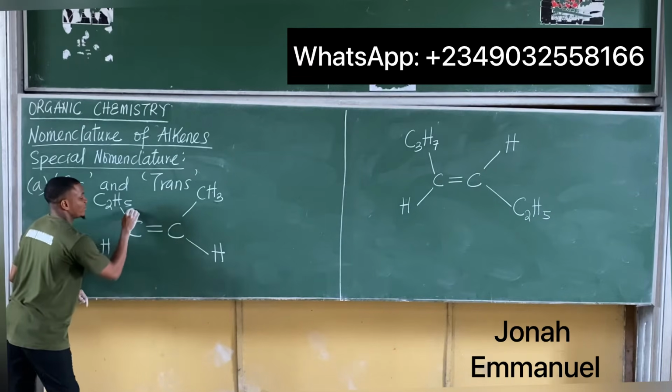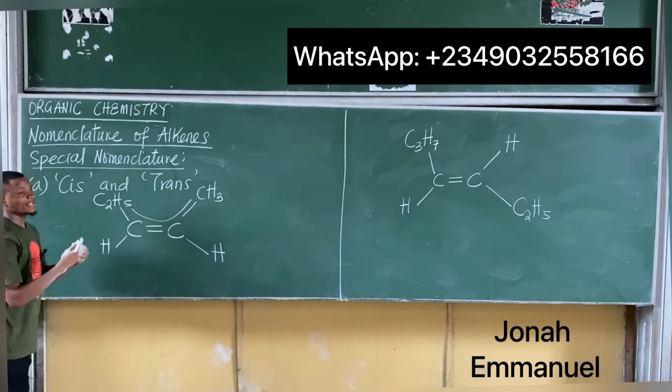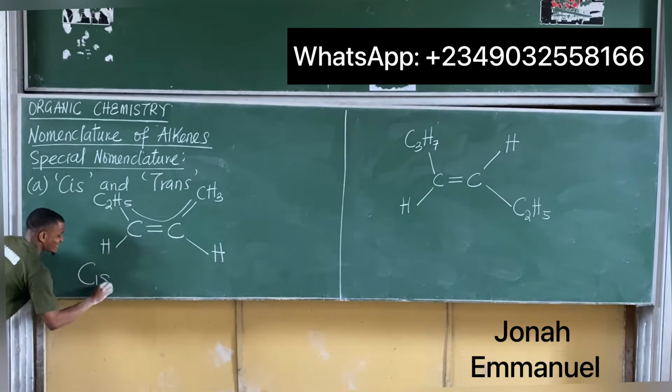If I trace this, it is forming a C. That's what is cis. So it becomes cis. Cis what?